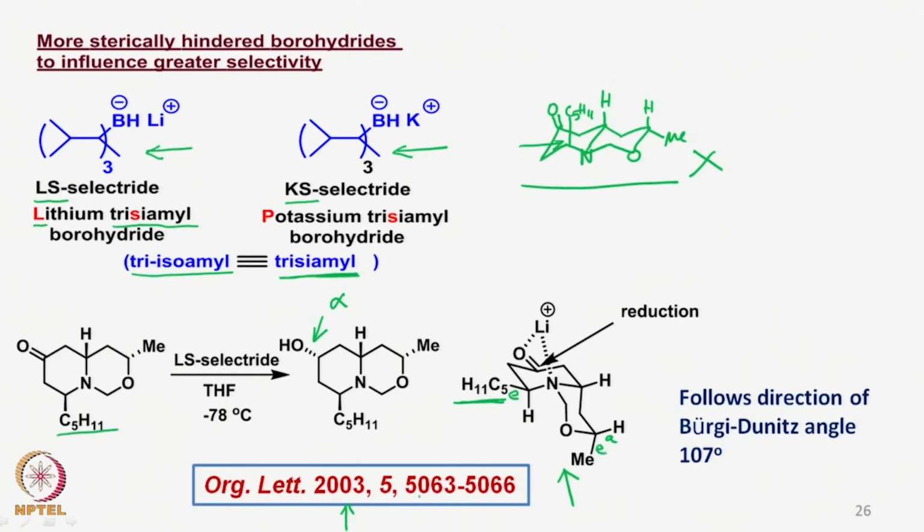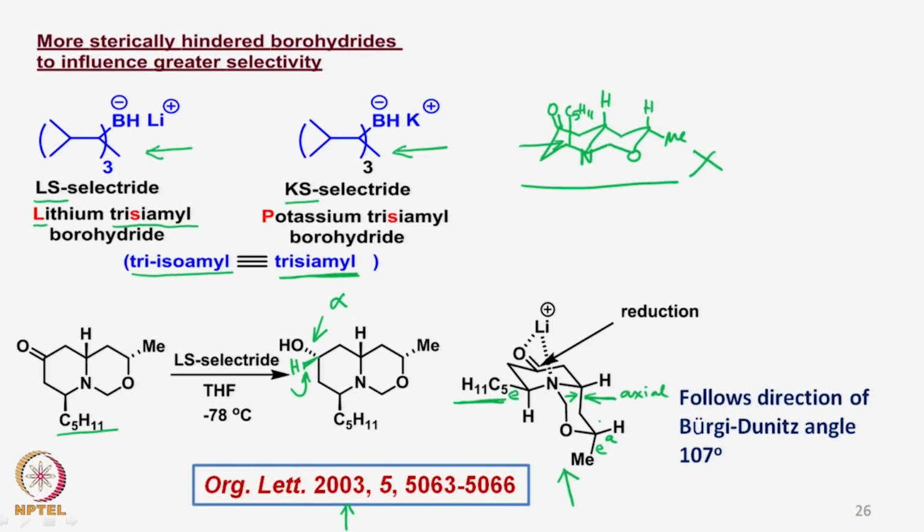So both the groups are equatorial, and in this case this particular CH2 group is axial, and therefore the reducing agent does not approach the carbonyl group from the lower side, because the lower side offers steric hindrance, and the reduction takes place from the top side, that is the beta side, and therefore the reduction leads to the hydroxy group being alpha oriented and the hydrogen coming from the beta side.